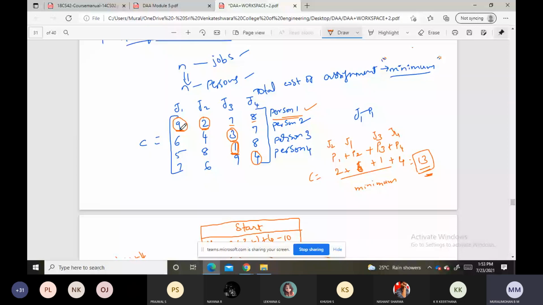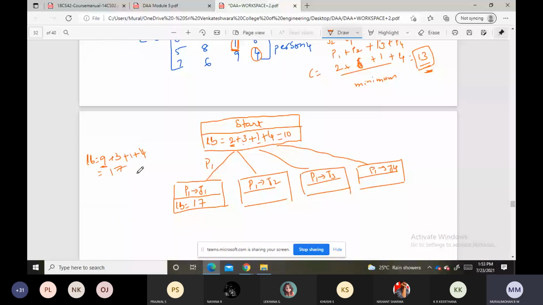Similarly, calculate if person 1 is assigned job 2, what is the lower bound value? 10. You replace this person 1 value.